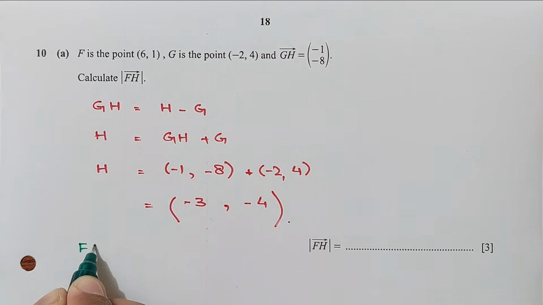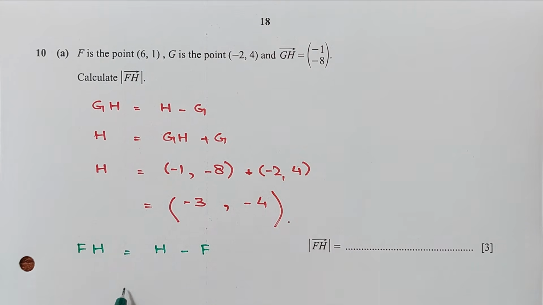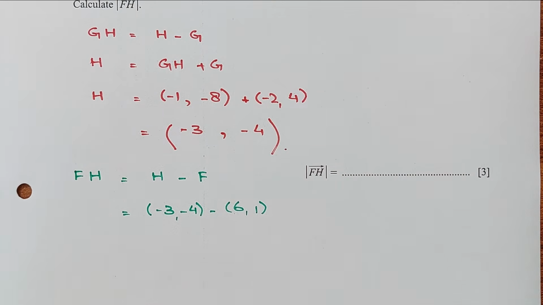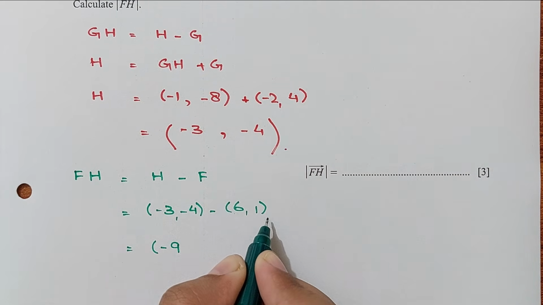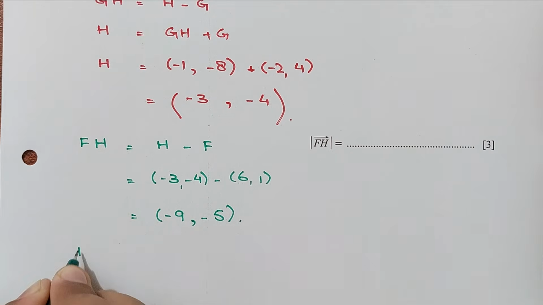So FH is H minus F. H is (-3, -4), subtract F, which is (6, 1), right? So -3 minus 6 is -9, minus 4 and -1 is -5, right?